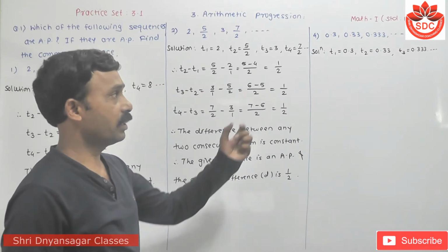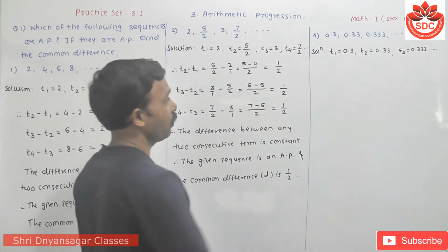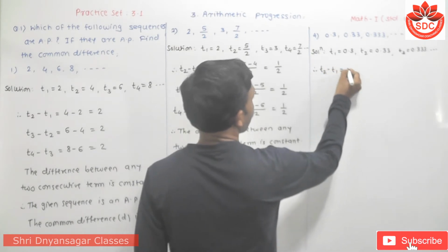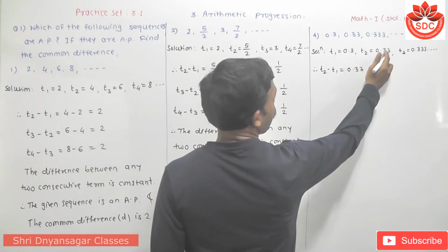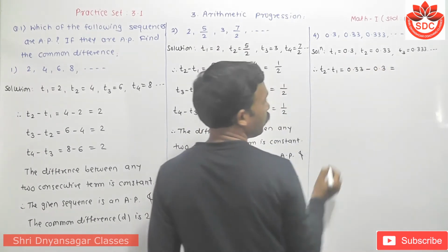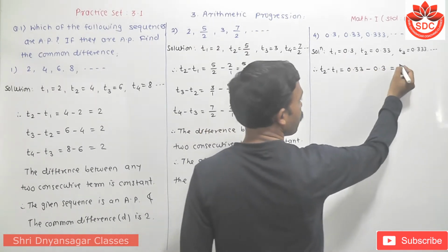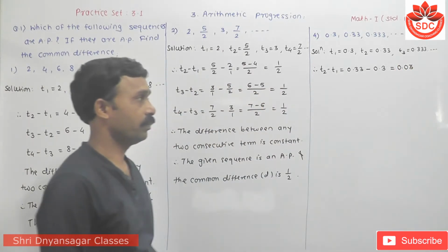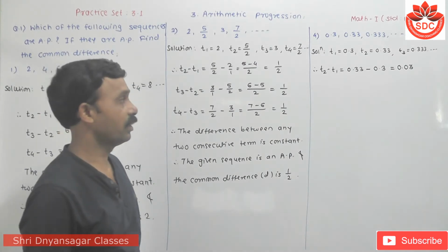Student, we take the difference between any two consecutive terms, that is T2 minus T1 is equal to 0.33 minus 0.3 is equal to, look carefully, when we subtract this it becomes 0.03. Can you understand this subtraction?